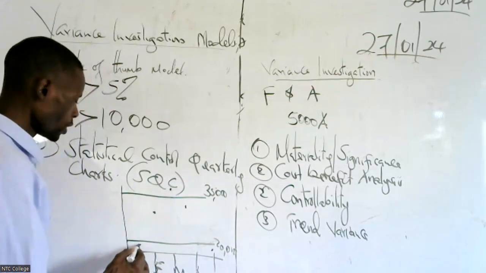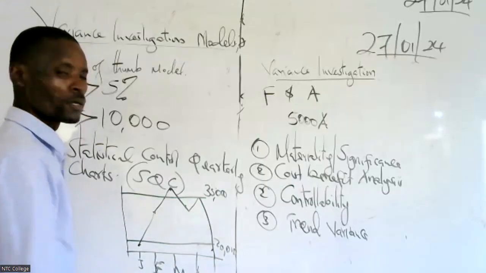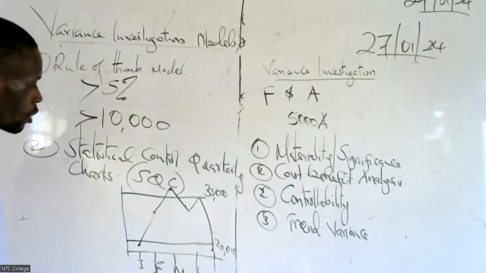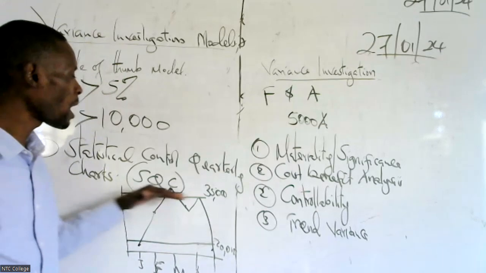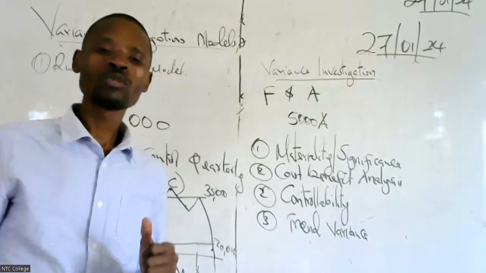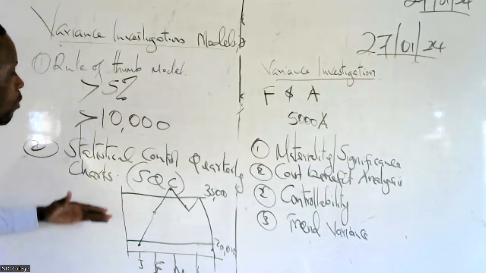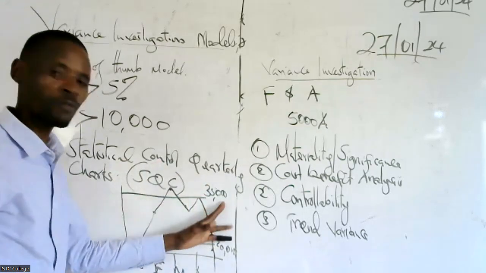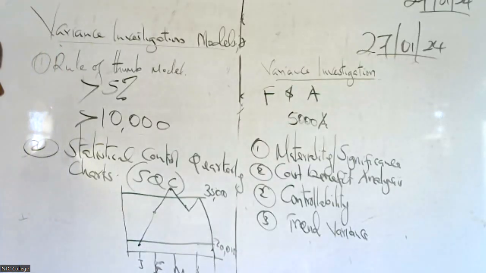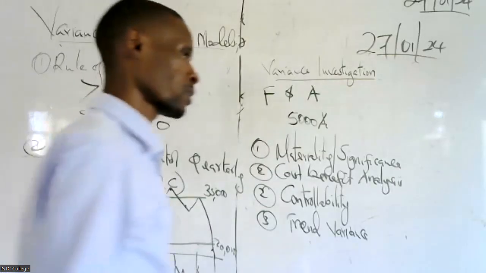So if you join January, February, March, like that, you have that graph. Then you can advise the management on the months that have gone above the upper limit and below the lower limit. Those months are the ones you are going to advise management to investigate. But the ones which are within our boundary, upper limit 35,000, lower limit 20,000, we don't investigate. That is statistical quarterly control charts.